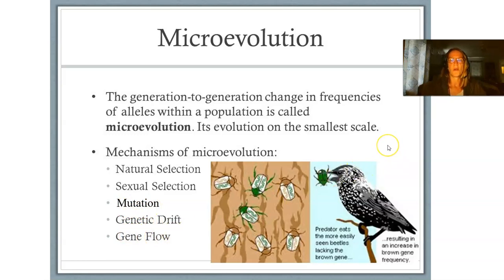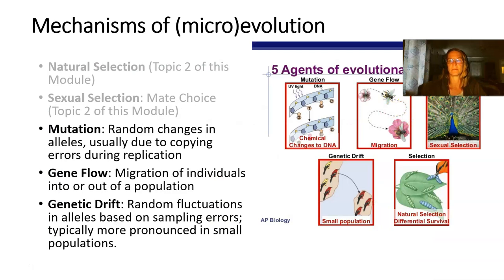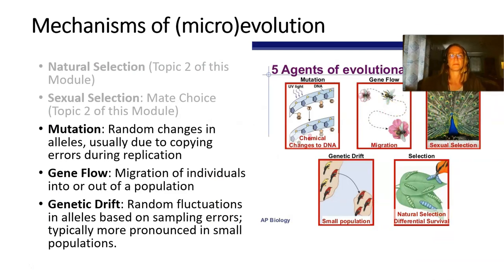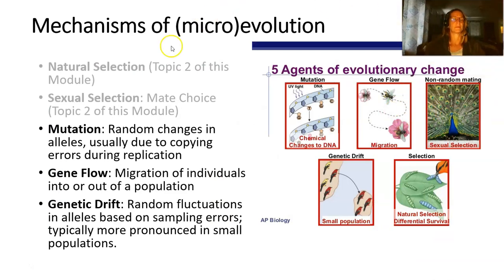So what we're going to do is, in this video, we're just going to spend some time talking about mutation and gene flow. As I said, we're going to skip over these two.